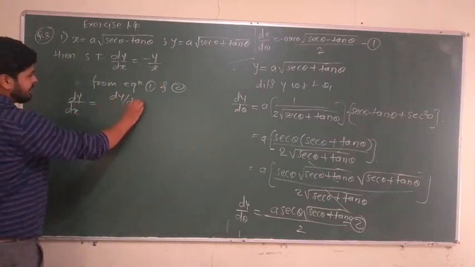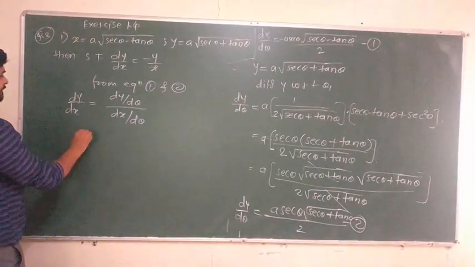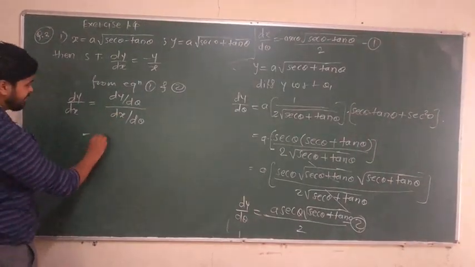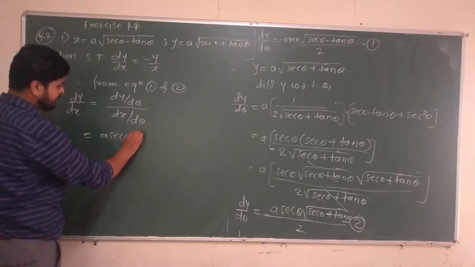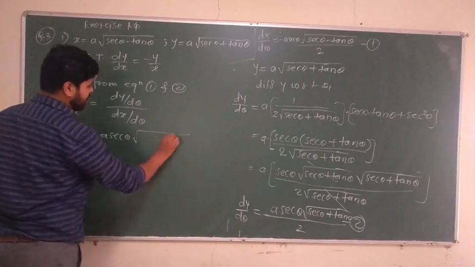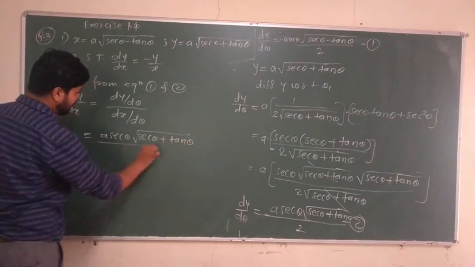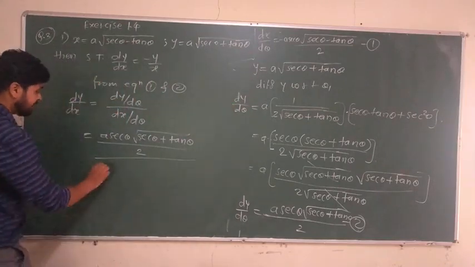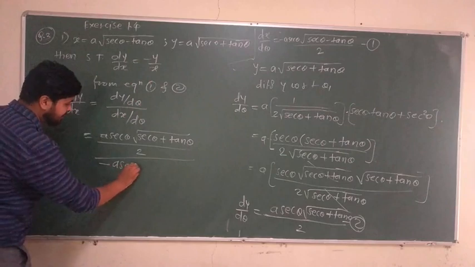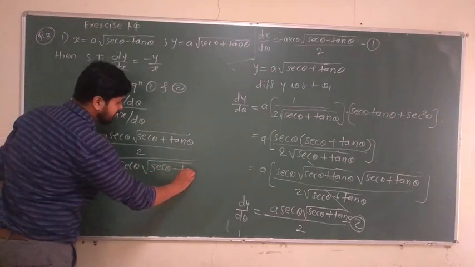The value of dy by d theta is a sec theta in bracket root sec theta plus tan theta upon 2, divided by the value of dx by d theta, which is minus a sec theta into root sec theta minus tan theta upon 2.